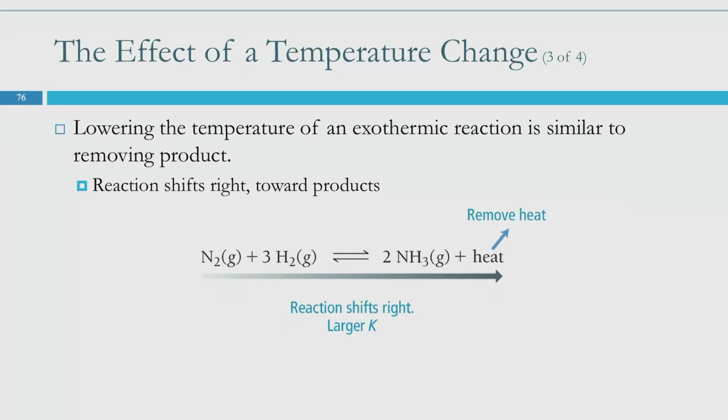If it's an exothermic reaction and we remove heat, again, you write in the plus heat part. If we remove heat, it shifts from the left to the right.